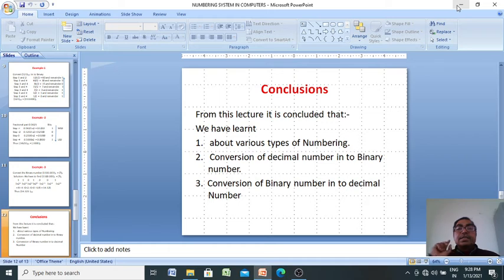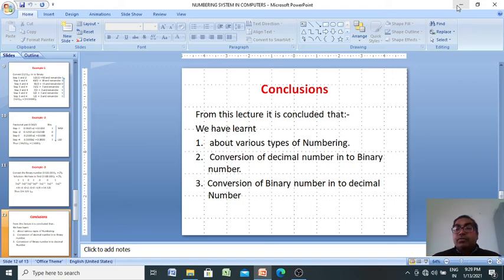Conclusions. From this lecture, we have learned about various types of numbering systems. We can convert decimal numbers into binary numbers and binary numbers into decimal numbers. The main conclusion is that the binary system is more important, as it is used in computer programming, in developing high-level language and machine language, which the computer can understand.